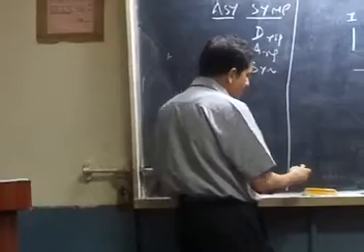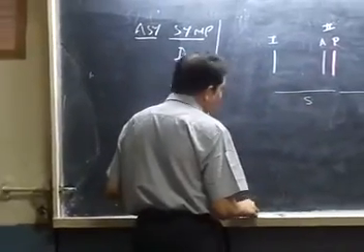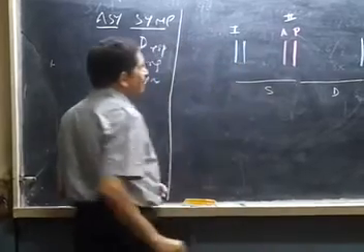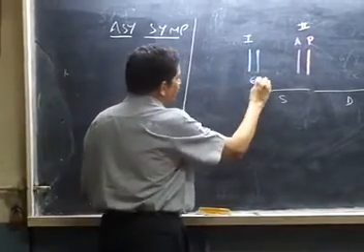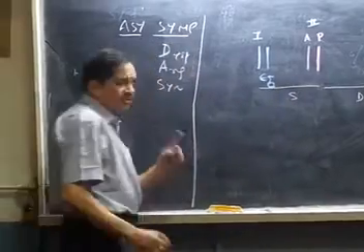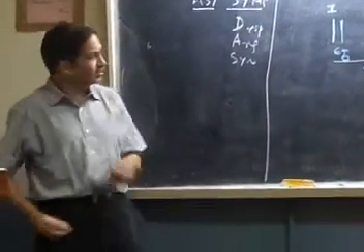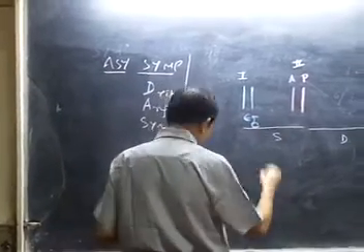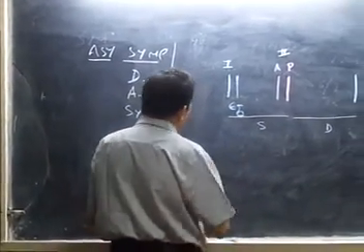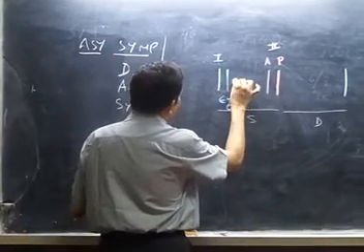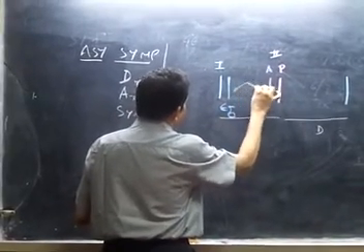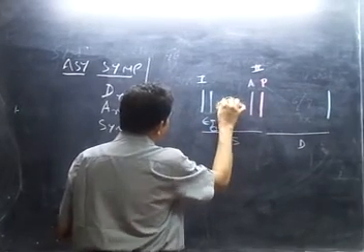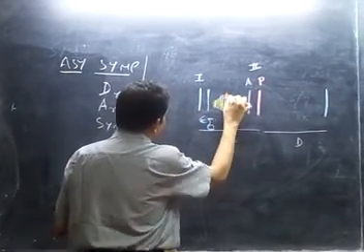Following the gap, there could be an abnormal sound coming here. This abnormal sound is the ejection click. So the first abnormal sound is the ejection click, and it is followed by the murmur of aortic stenosis.